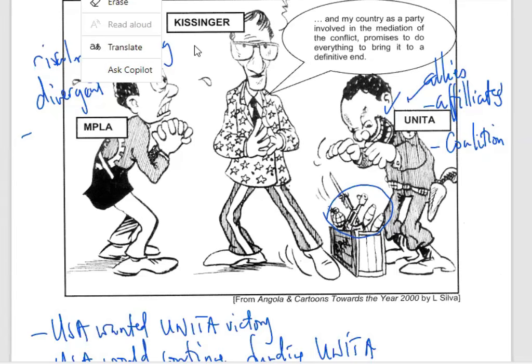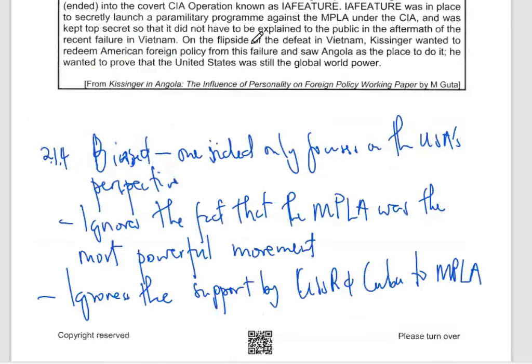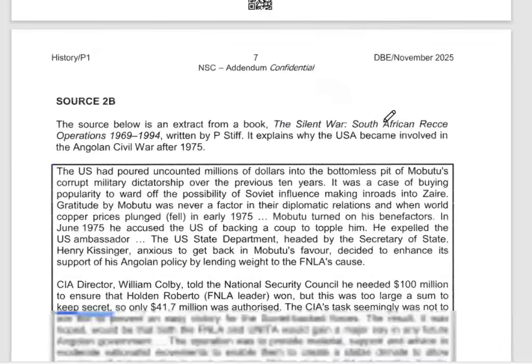Then another idea, you can also go back to source A. It says here the USA wanted to create a stable climate in newly independent African countries. How is that supported?